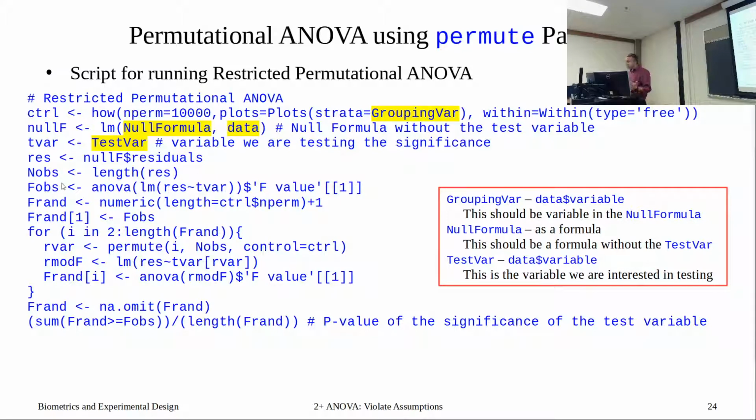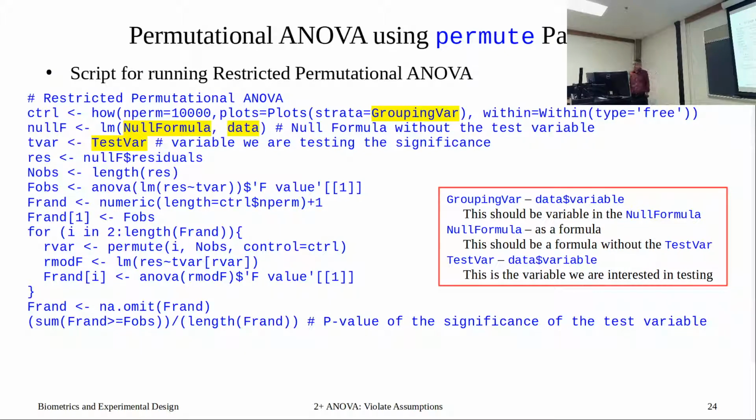All right, so you're going to see that I have this CTRL right at the top of the line, and we specify the grouping variable. And again, the grouping variable, make sure it is in the form data$variable. Now, that is a variable that is in our null formula.